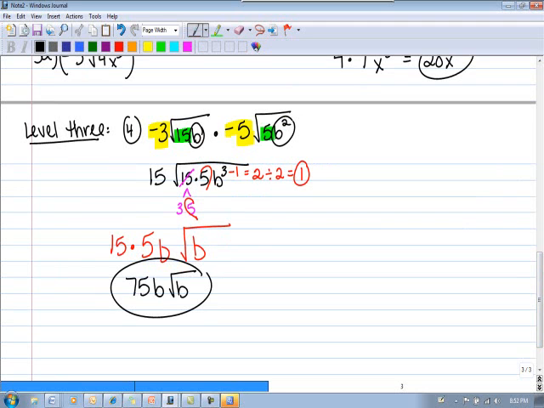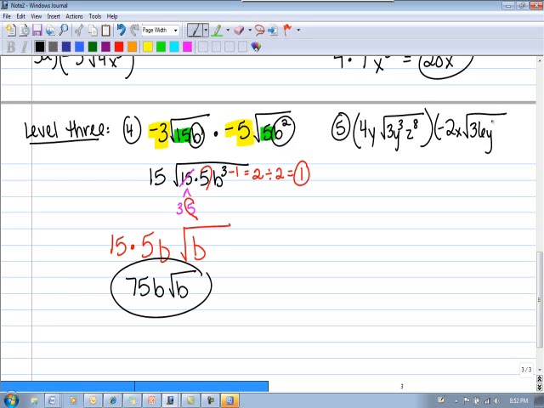And one more example from this set, from level 3. Let's do 4y times the square root of 3y cubed z to the 8th, times the quantity negative 2x radical 36y squared z to the 2nd.